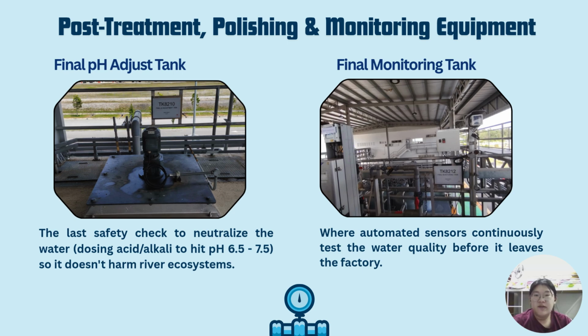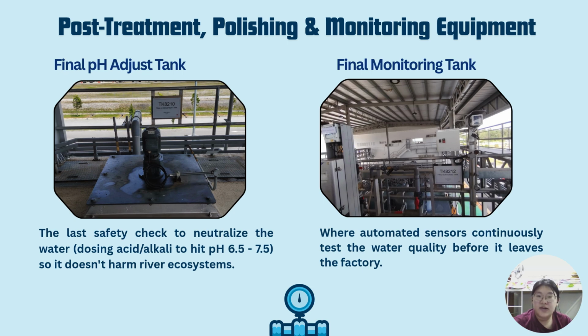Before the water can be discharged, it enters the final pH adjustment tank. This is the last safety check to neutralize the water, dosing acid or alkali to hit the strict target of pH 6.5 to 7.5, so it doesn't harm the river ecosystem. This step ensures compliance with the Department of Environment regulation, as discharging highly acidic or alkaline water would instantly kill local aquatic life.